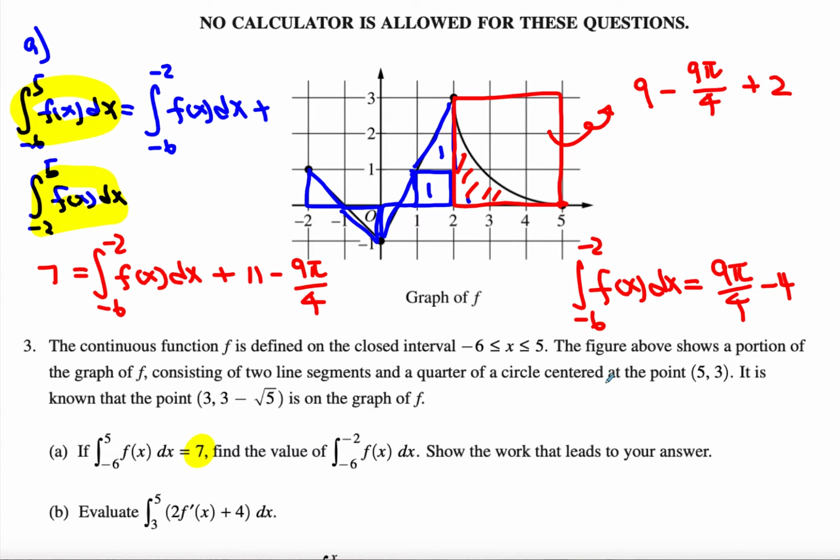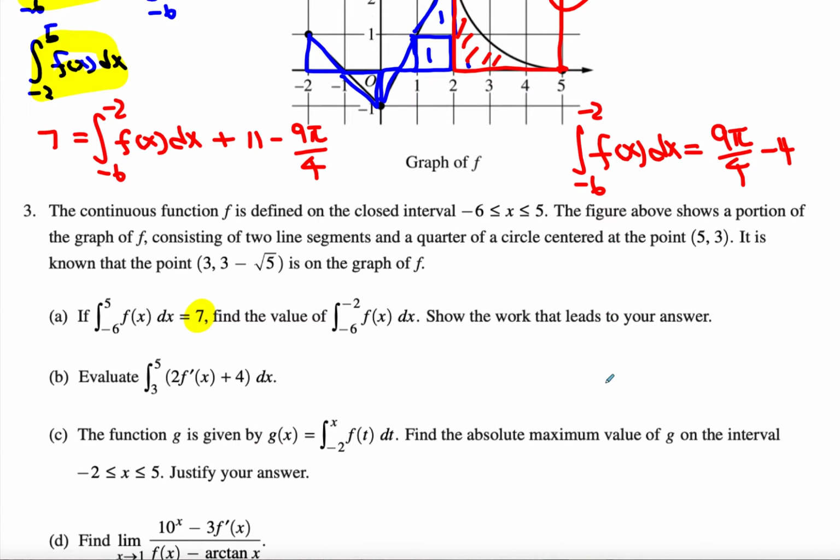Alrighty, let's go for number B. How would you be able to evaluate this one? This in fact is equal to 2 times the integral from 3 to 5 of f prime of x dx plus the integral from 3 to 5 of 4 dx.